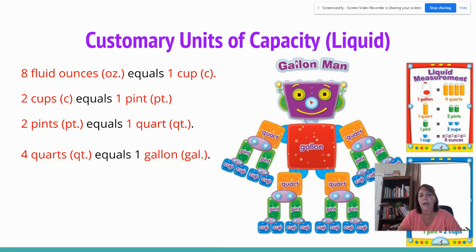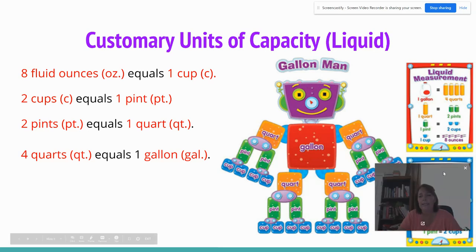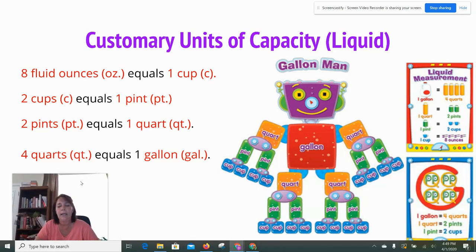I know that y'all have seen this in 2nd grade in making the gallon man. So the ounces would be the little fingers that would come off of the cups. If you think about the ounces, 1, 2, 3, 4, 5, 6, 7, 8.